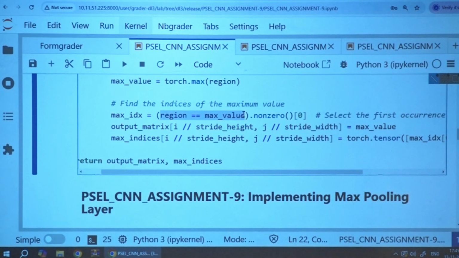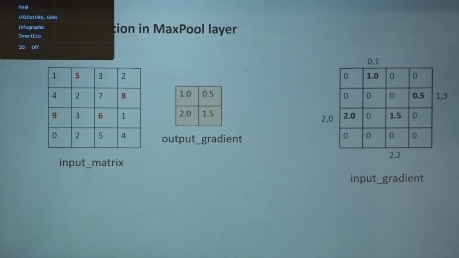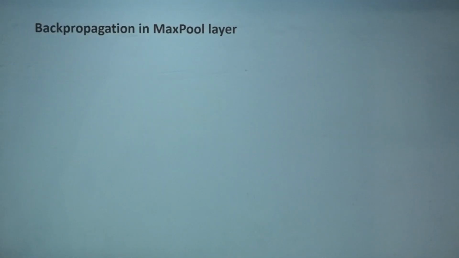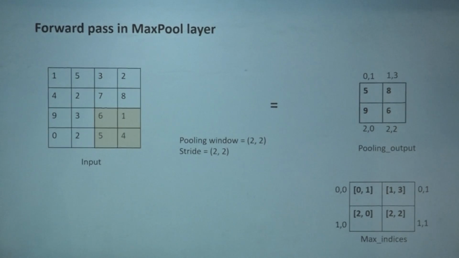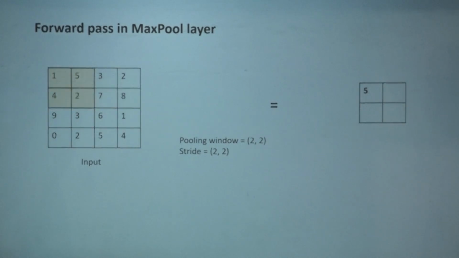Let me explain with this logic once again, with the PPT itself. Just have a look on this one once again. First, the region is this one. Input region is this one, that yellow highlighted. From that, where is the maximum value found? Index position is 0th row, first column.